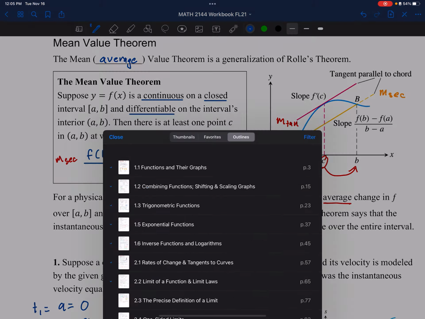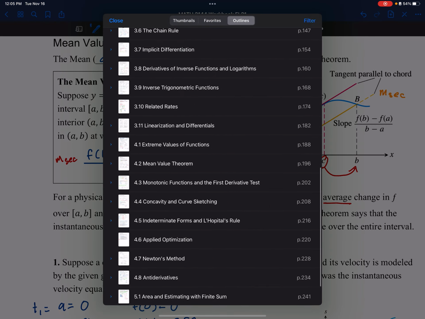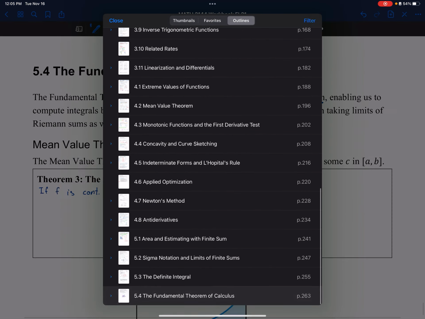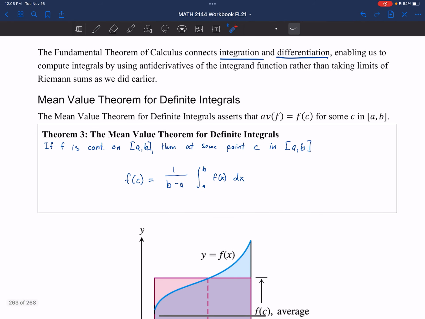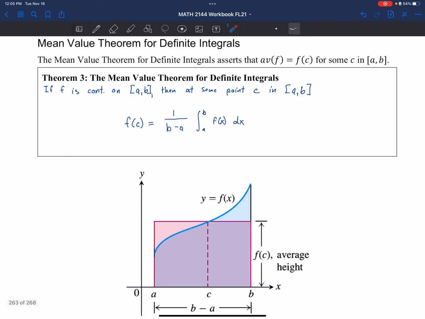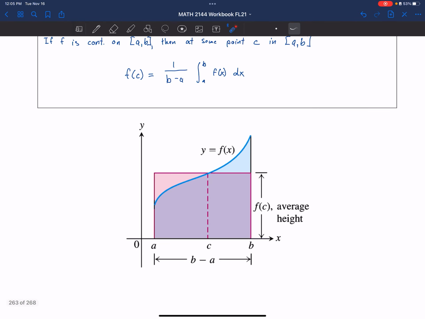This is the analogous result with integrals. If you think about the average value as when we consider the water leveling, it is going to be equal to the actual value of the function at some point. So it's not a conversation about derivatives as much as about the values of the function. So that's the mean value theorem for definite integrals.